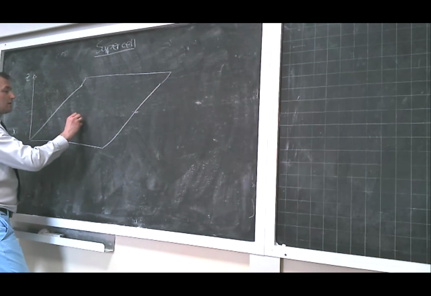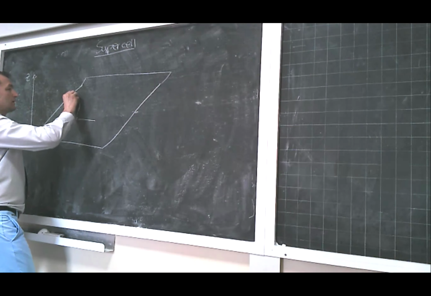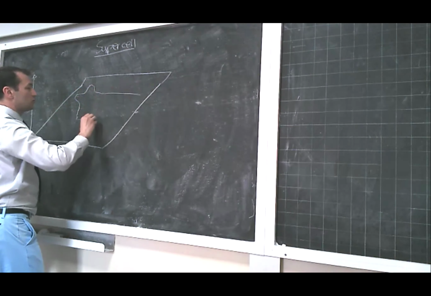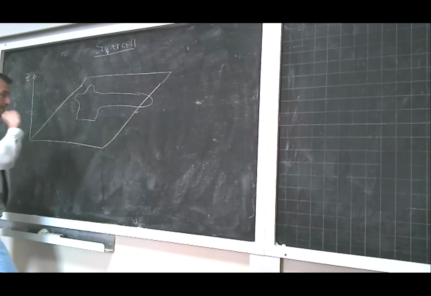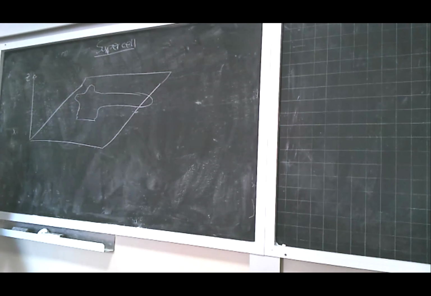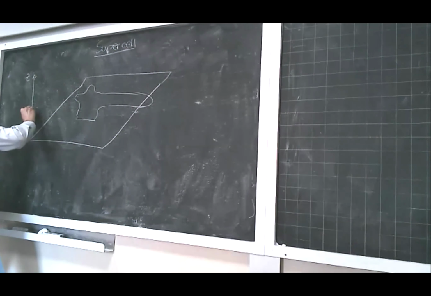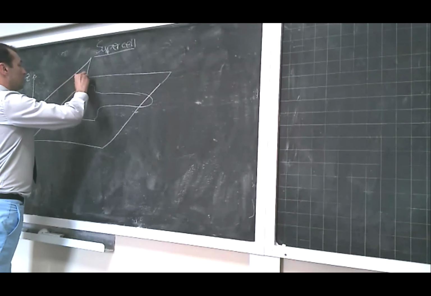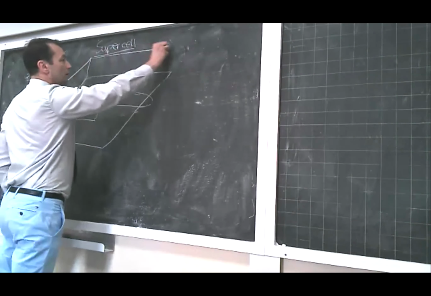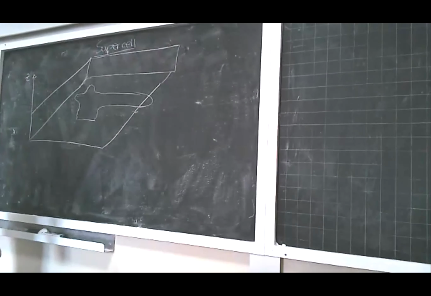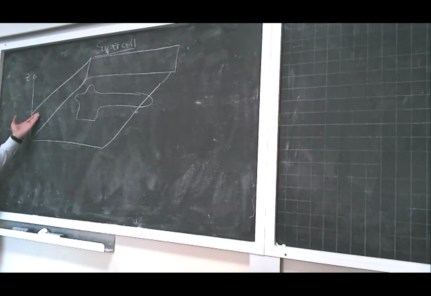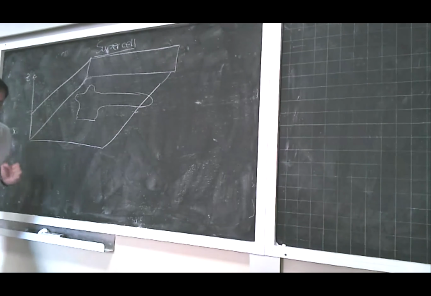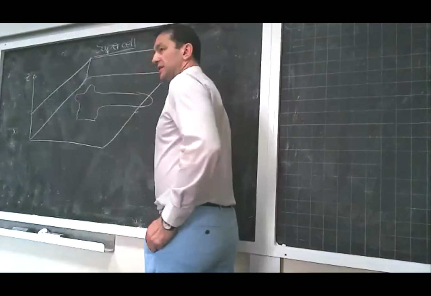And somewhere here, we have this thunderstorm, like so. Now, here I will have a projection of the flow if one is looking at the storm from this direction.